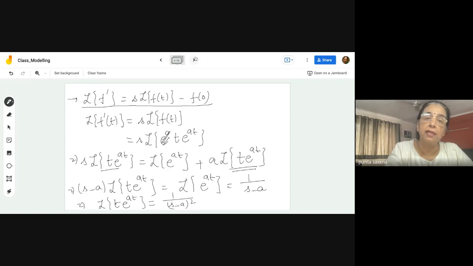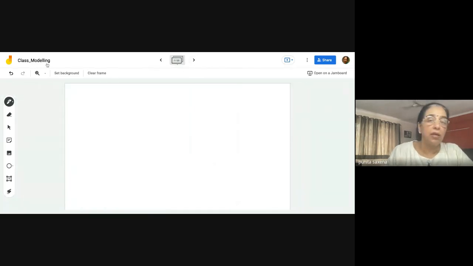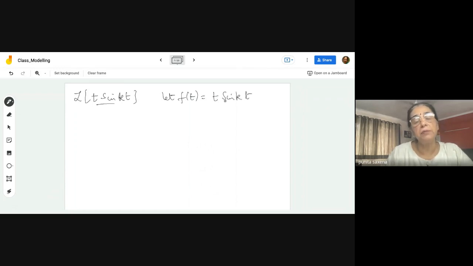For the next example, you can try it yourself: find the Laplace transform of t sine kt. We start with this as ft, and this method helps in all those functions where f at 0 is 0, and you can see from here f at 0 is 0.